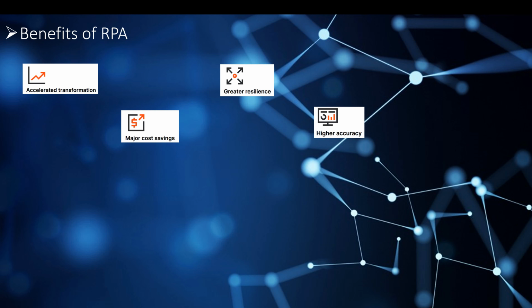Next, higher accuracy. Exactly. Work done by a piece of code is obviously more accurate than work done by a human being, because we are human beings and we have many chances to commit mistakes, to commit errors, right? Sometimes we may forget a password, and sometimes we may use extra spaces while providing the URL of the application.